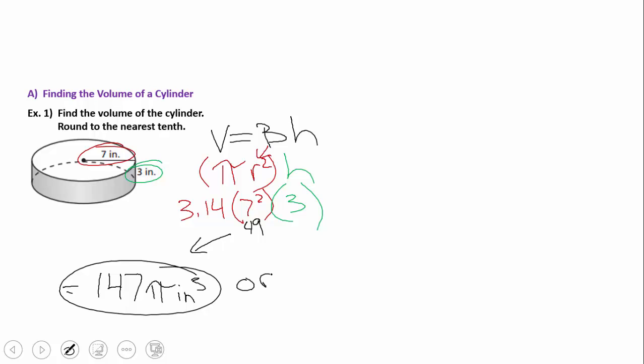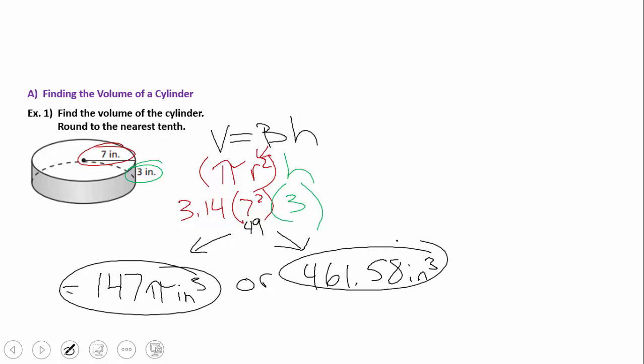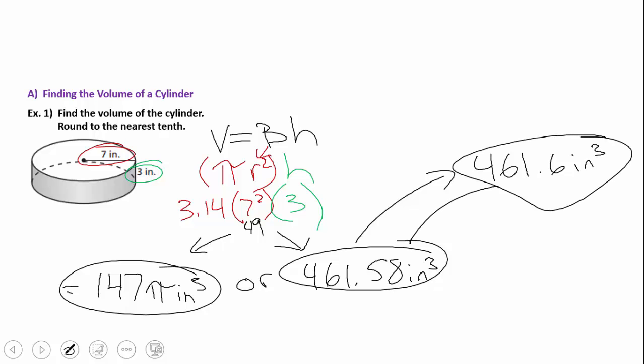Or we can do the whole entire thing: 3.14 times 49 times 3, and when we get 461.58 inches cubed. Well, since it said round to the nearest tenth, we would turn that into 461.6 inches cubed. So that would be our definite final answer if we round to the nearest tenth. So if they ask you to put it in terms of pi, remember, you multiply everything except for 3.14, and you write it in terms of pi.